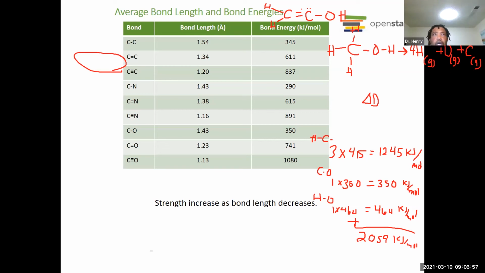That's right. And if you think about it, it's based upon those charges and that sharing, right? So if you're sharing 3 things, you're going to get pulled closer than if you're just sharing 1 thing. Does that make sense? Mhm. So as bond length decreases, the strength to break that bond is going to increase. It's going to take more energy to break something that's closer together.